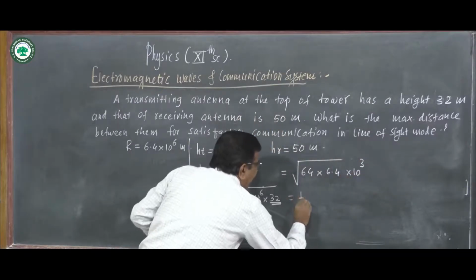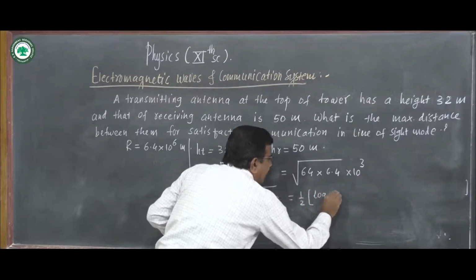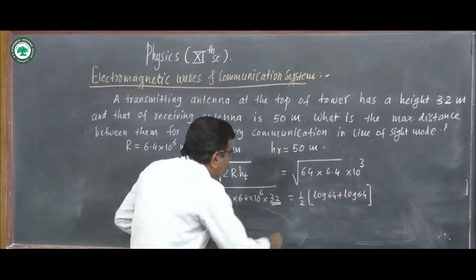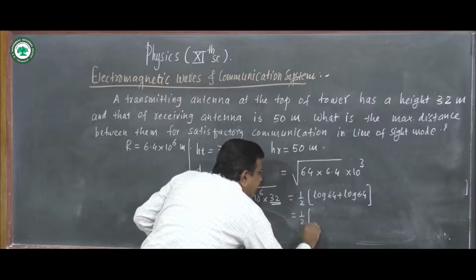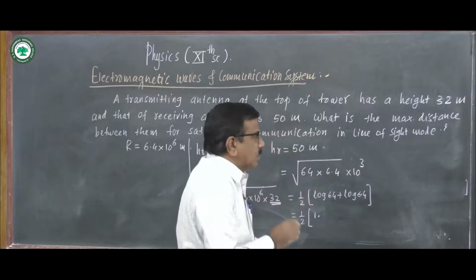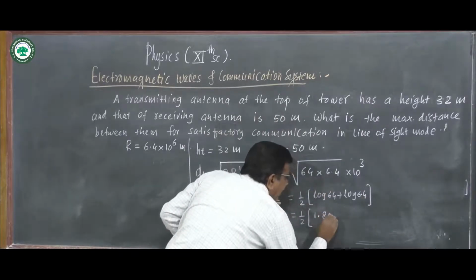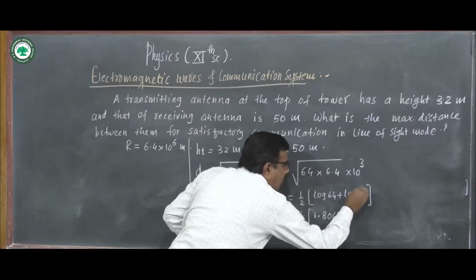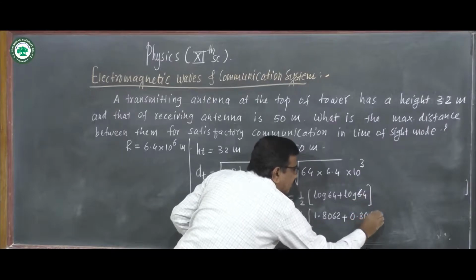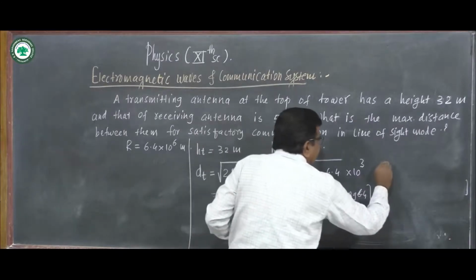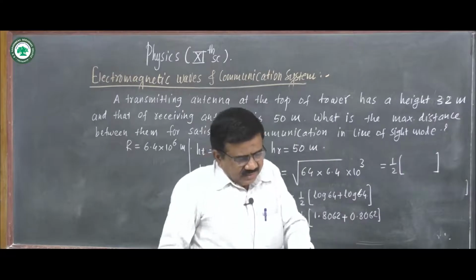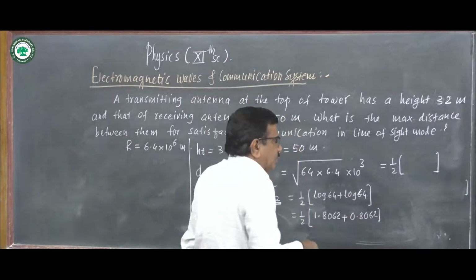Simply solve 1/2 log of 64 plus log of 6.4, as there is a square root. So 1/2 log of 64 means 1 point, and that is 8062. Plus log 6.4 characteristic is 0 and its log is 8062. So this is equal to half of addition of these two, which is 2.6124.